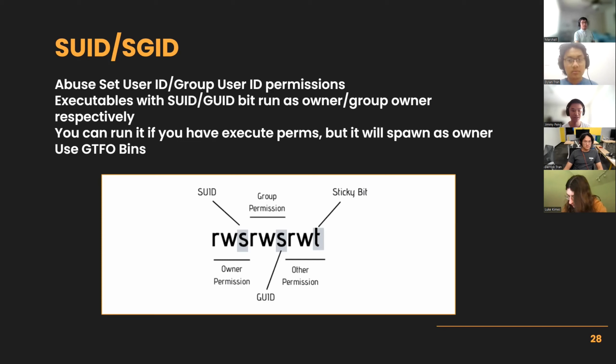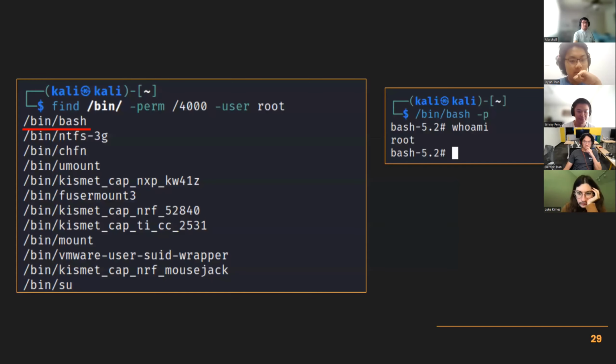There's also the sticky bit, which is the t, which basically means that if this bit is set, only the owner of the file or directory can modify it, preventing these types of attacks. But if the sticky bit isn't set, you are able to abuse it and use it to get more privileges. Next slide.